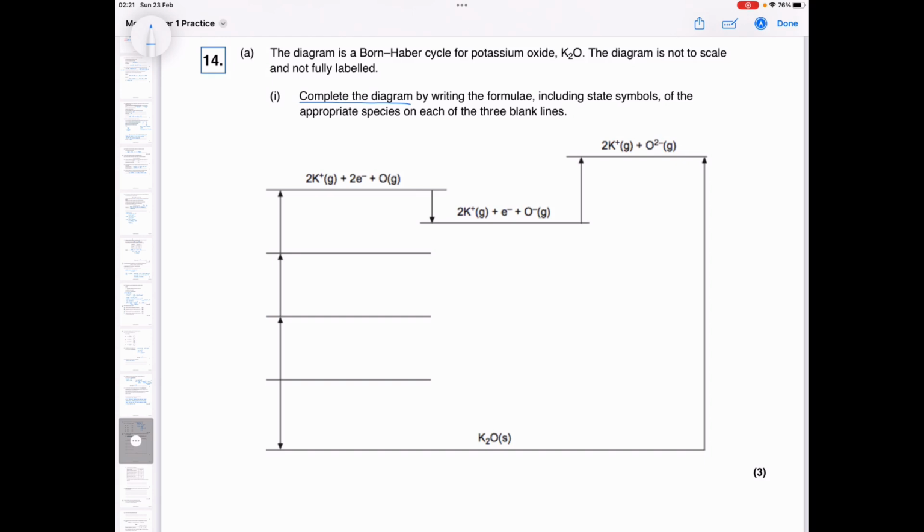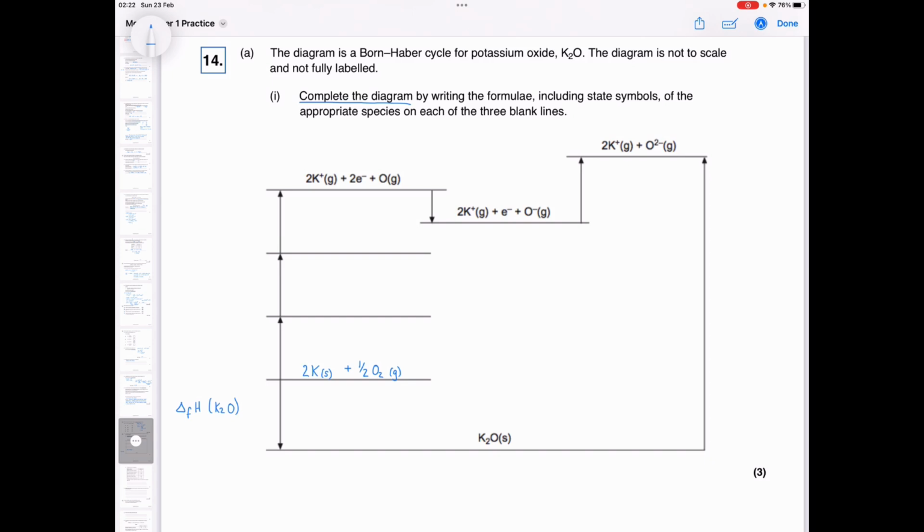So the first one is going to be the enthalpy change of formation for K2O. So that's the formation from its elements in their standard states. So potassium metal is a solid in its standard state, and oxygen is a gas, and we need half of O2, which is a gas.